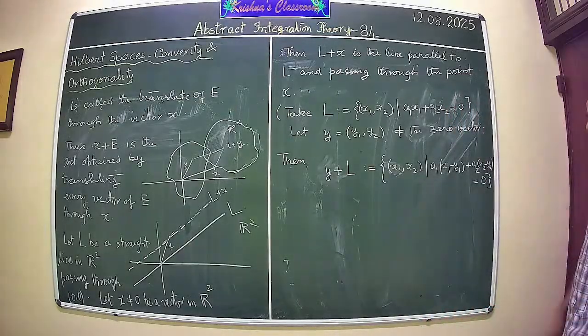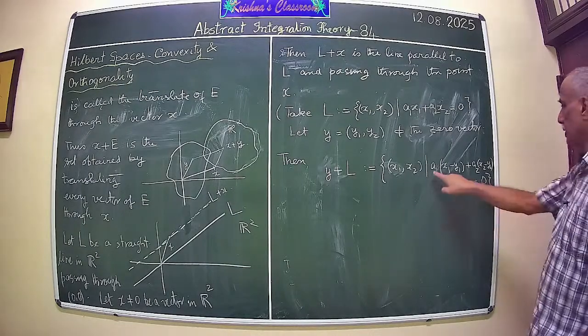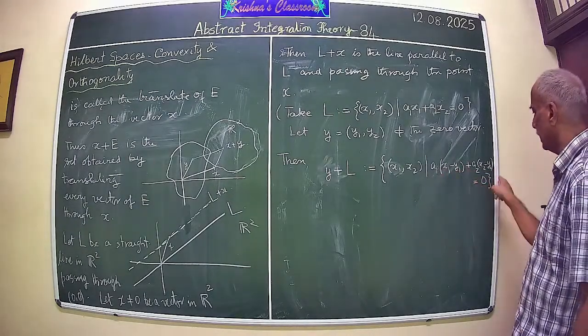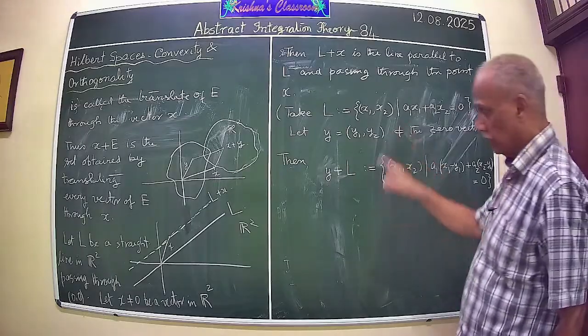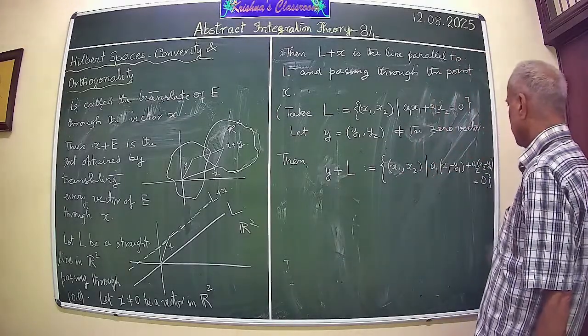This is the translate. Okay, you see that this is parallel to this. This is again a line in R2 which is parallel to the given line and passing through the point y1.